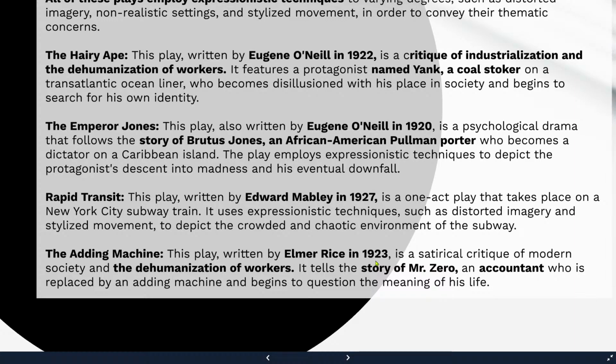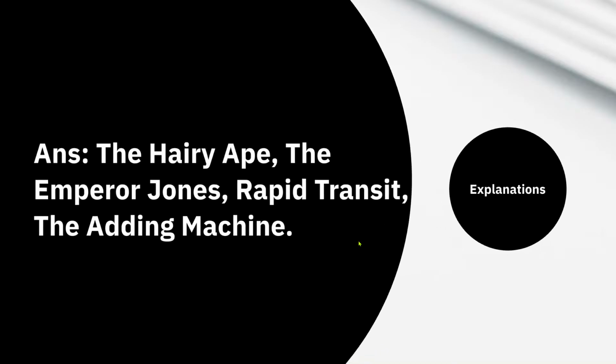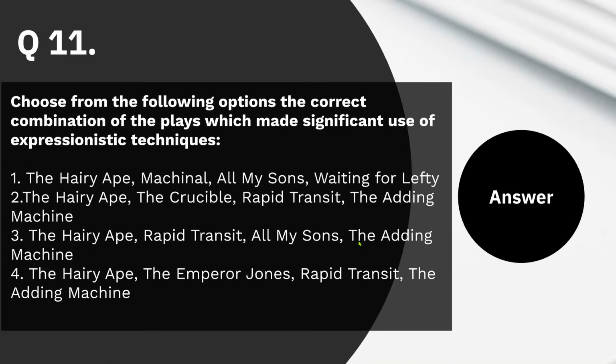It's a satirical critique of modern society and the dehumanizing of workers. It tells the story of Mr. Zero, who was an accountant, and this protagonist was replaced by an adding machine and begins to question the meaning of his life. So this was our 11th question.